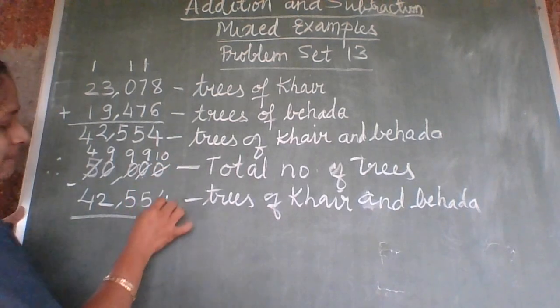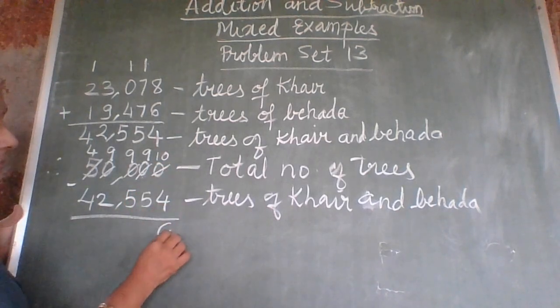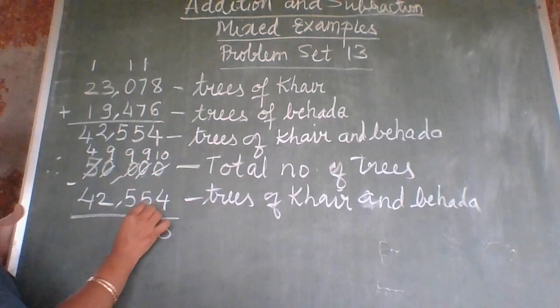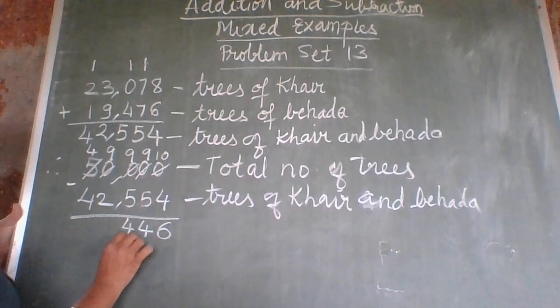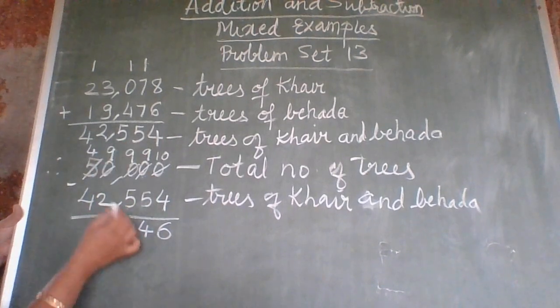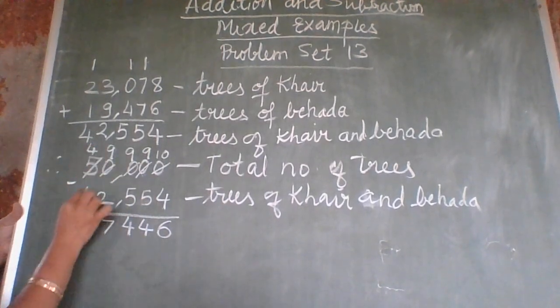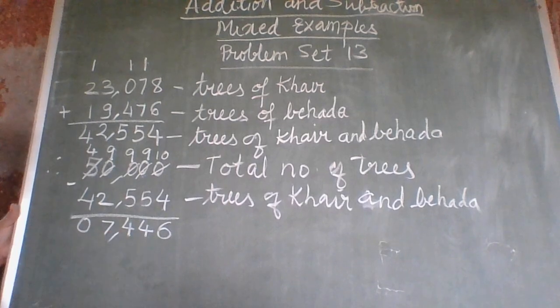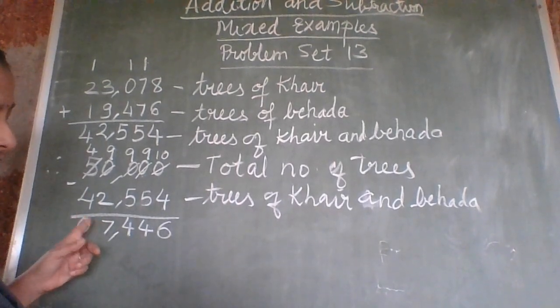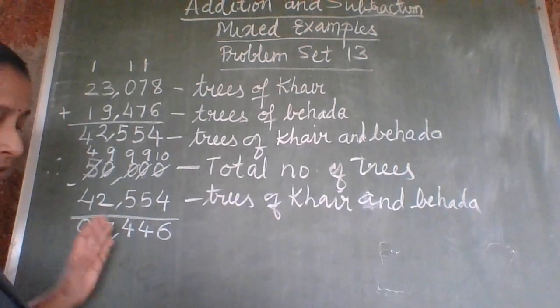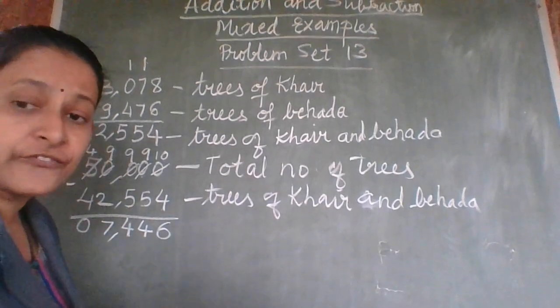Now 10 minus 4 is 6. 9 minus 5 is 4. Again 9 minus 5 is 4. 9 minus 2 is 7. And 4 minus 4 is 0. That means these many trees were neither of khair nor of behda.